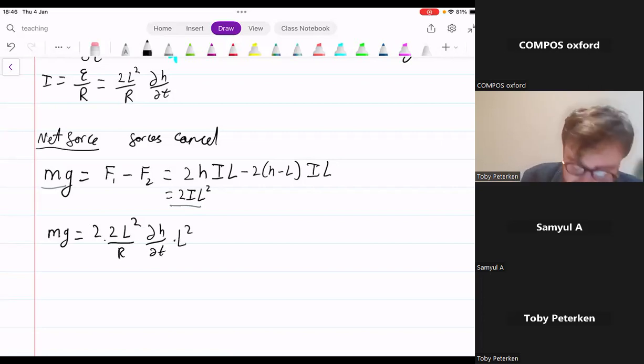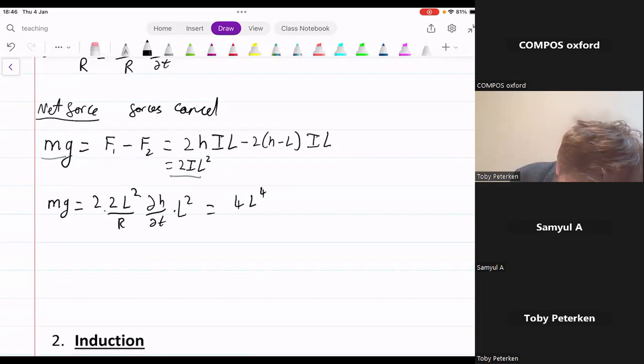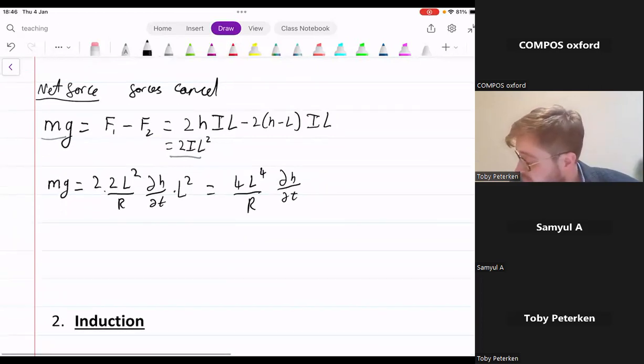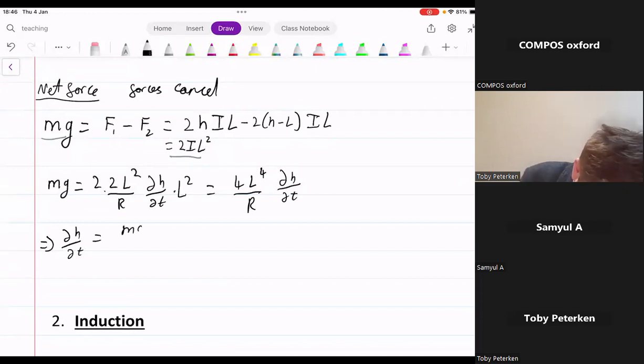And we have L squared again, which becomes 4L to the 4 over R dH by dt. Which we can rearrange to get dH by dt equals mgR over 4L to the 4.